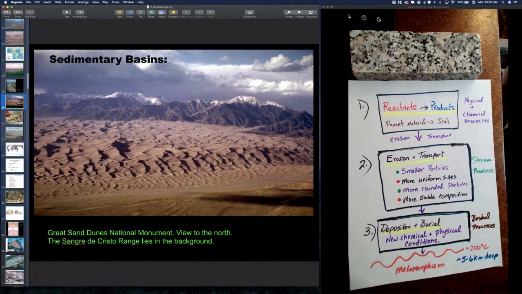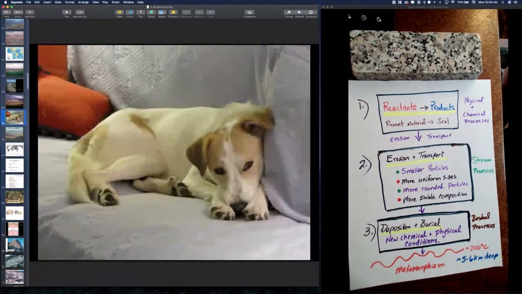The wind has to rise, and when it rises, it drops its sand. And so it's been piling up sand here for thousands, probably hundreds of thousands of years. And so they're quite impressive. But this is a sedimentary basin also. If you've ever been here and driven along, it's called the San Luis Valley. And basically that valley is a sedimentary basin.